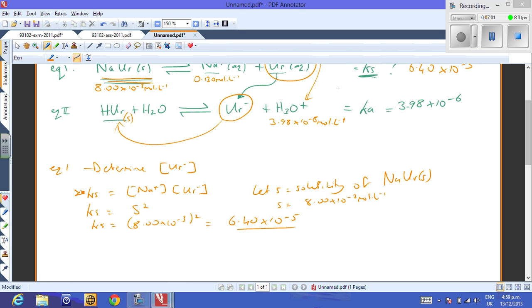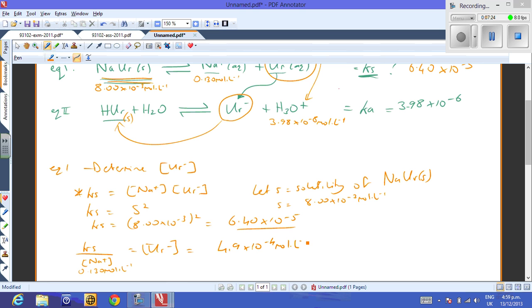If we rearrange it, Ks over the concentration of Na plus will give us our actual concentration of urate ions for this particular concentration of sodium, which is 0.130 moles per liter. Okay, and that works out to be a concentration of urate of 4.9 by 10 to the minus 4 moles per liter.